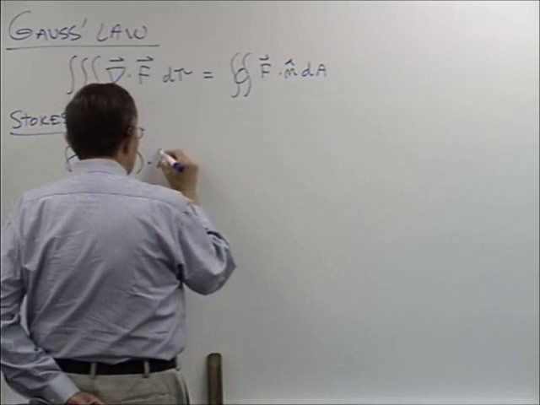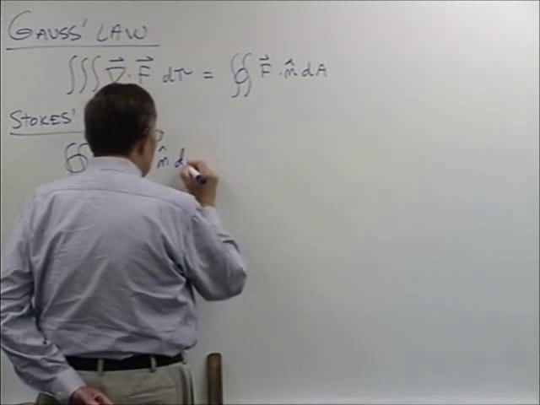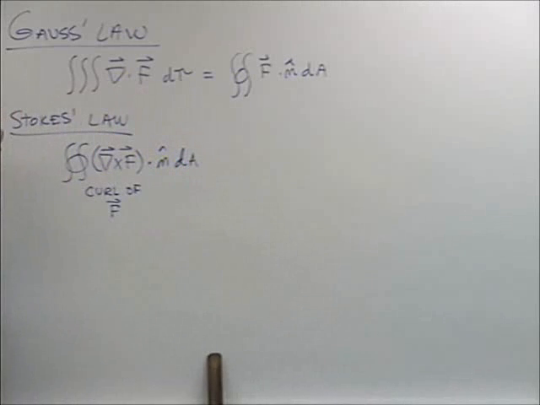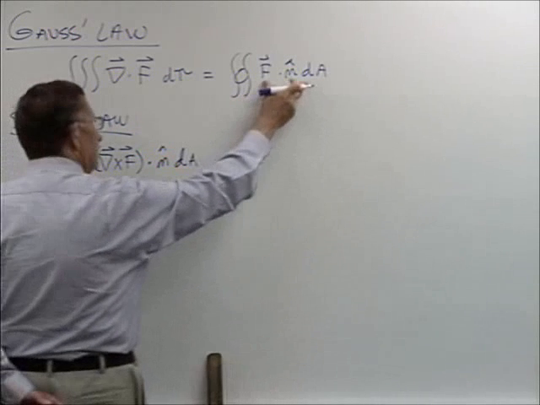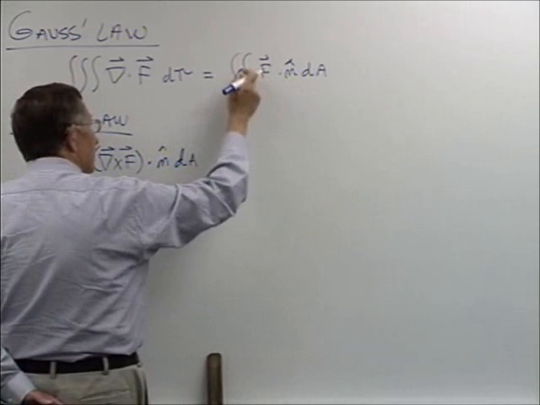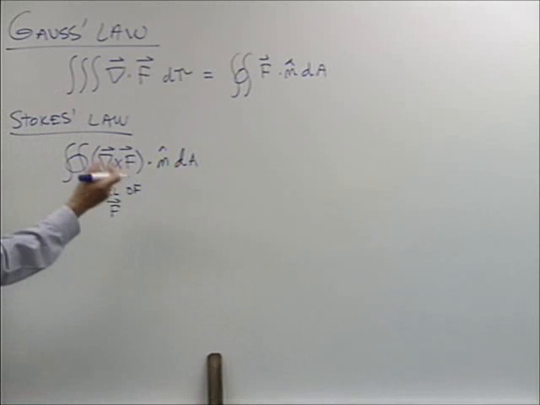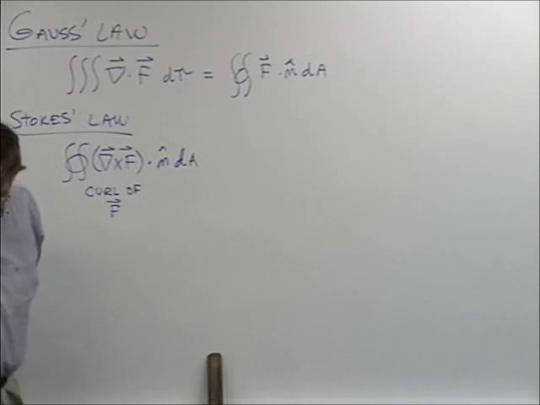I'm going to take the dot product with a normal to the surface and integrate it over the surface. So dA is a scalar surface element, and n is the local surface normal, and I'm integrating over the surface. So it's exactly like we did for the surface area side of Gauss's law. Instead of f, we're doing the curl of f, del cross f.